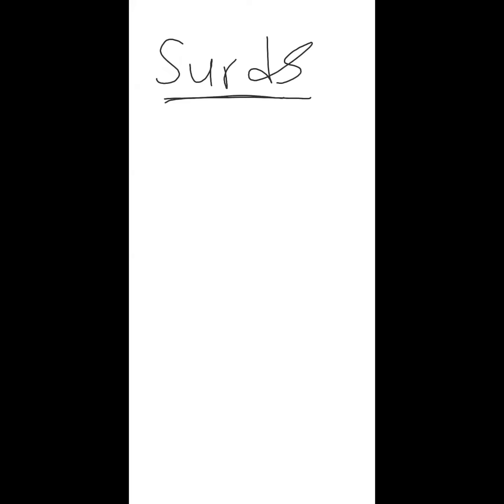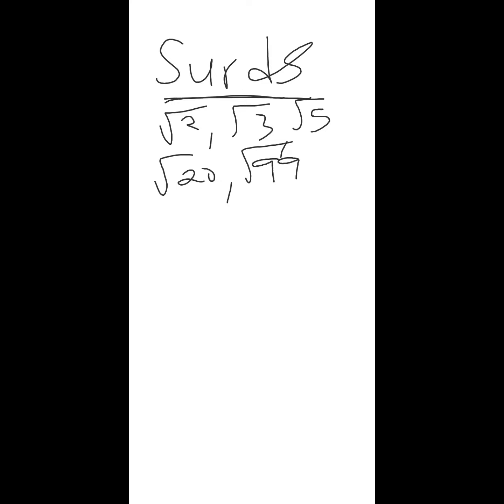All right. So like I said, square root of 2, square root of 3, square root of 5, square root of 20, all this I'm writing, square root of 99, everything you have here, they are actually called surds, because these particular values are not exact in nature.